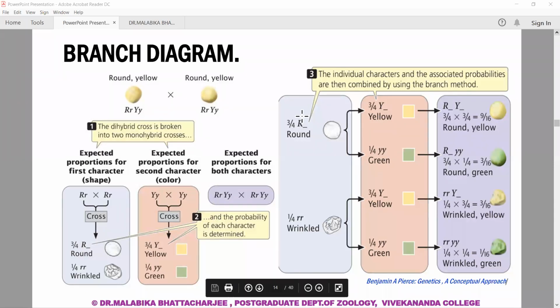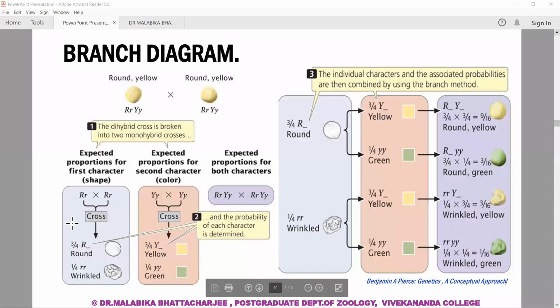So what we do? 3/4 round plant is once multiplied with 3/4 yellow seeds and once multiplied with 1/4 green. So we get 9/16 round yellow. And we get 3/16, by simple multiplication, round green.